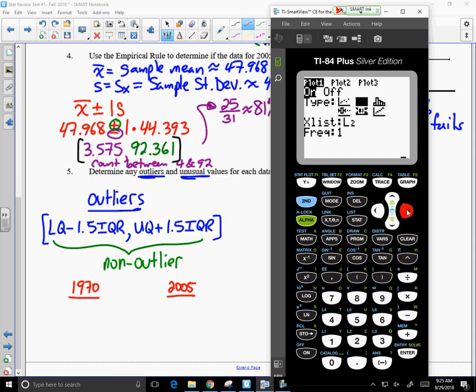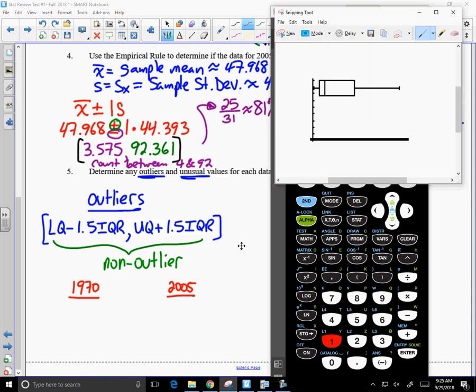Down, and select the one that's not the ordinary box plot, the one with the 2 little dots. We know by now that those 2 little dots are outliers. Right? If they show up in that graph, then they're outliers. If they don't, they're not. I want to look at L1 first. So my alpha's on again, so I'm going to hit second one. And then just a quick zoom 9. Let me snip this in here, though.